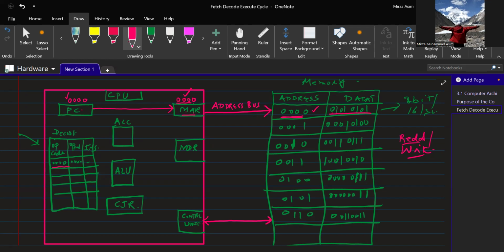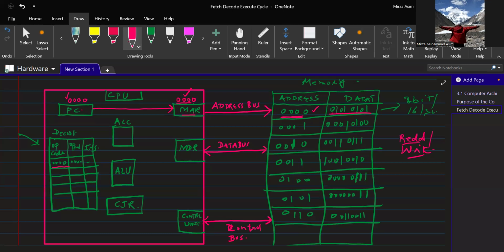This data will be transmitted from your main memory to the MDR register, through the data bus, which, as you know from the arrow symbol, is bidirectional, and the control bus, which is also bidirectional.